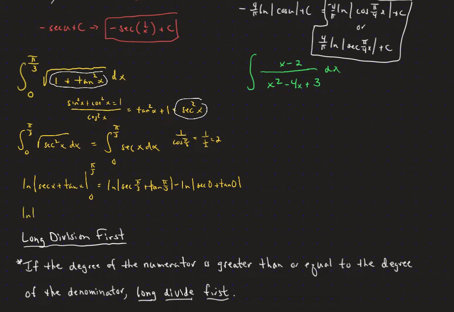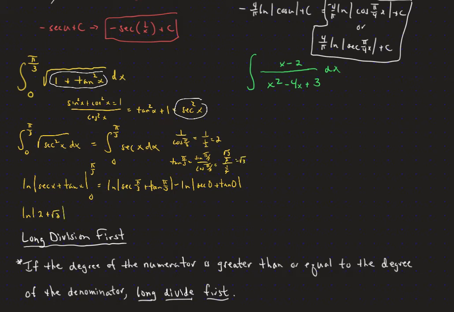So that's going to be the natural log of 2 plus tangent of pi over 3, which is sine pi over 3 over cosine pi over 3. That's square root of 3 over 2 over 1/2, which is going to be the square root of 3.